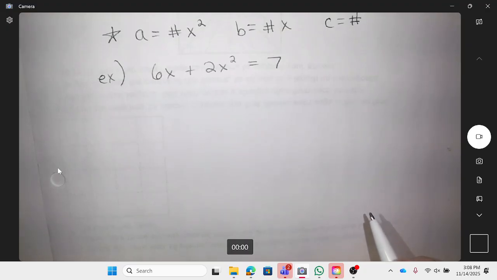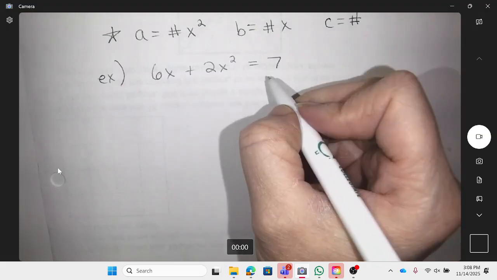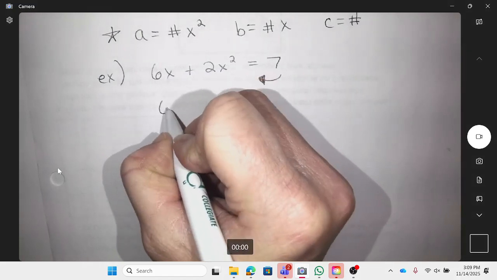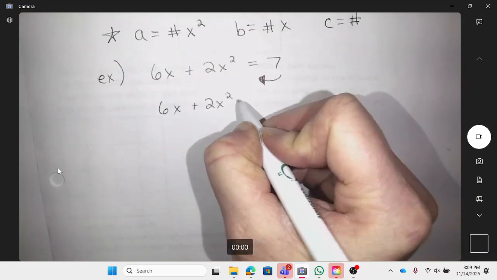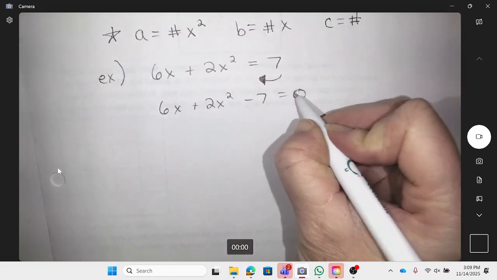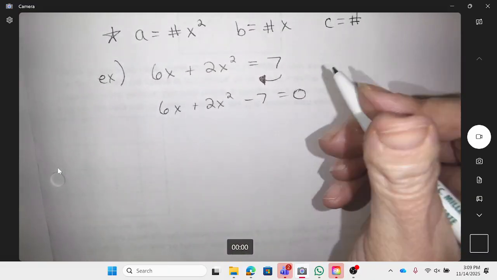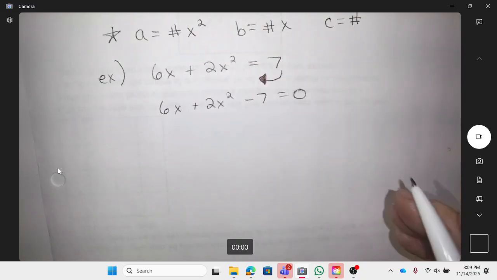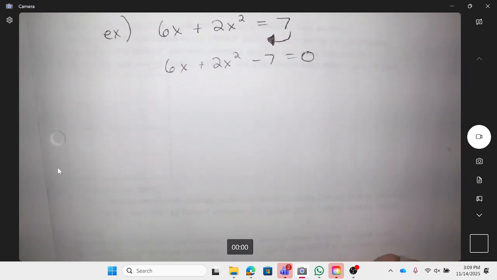Okay, do you see the problem of this equation? Not all on one side. So subtract 7. Who can tell me why this looks tricky?